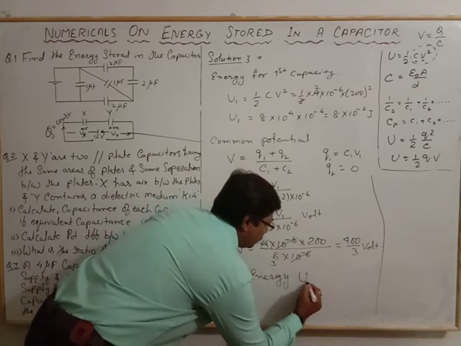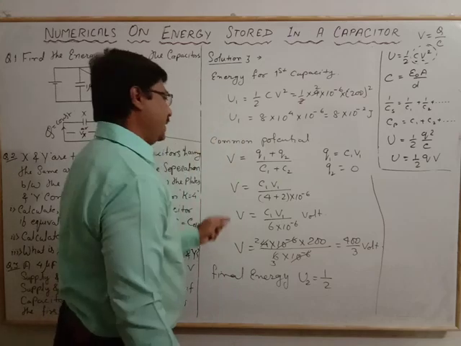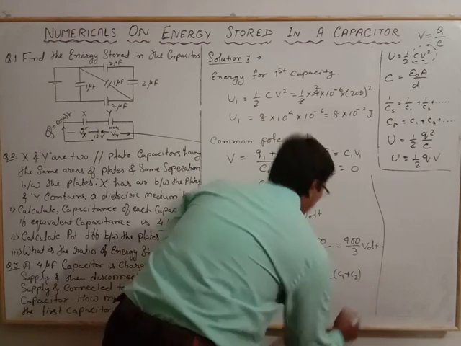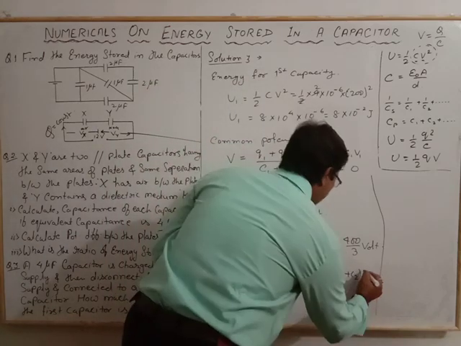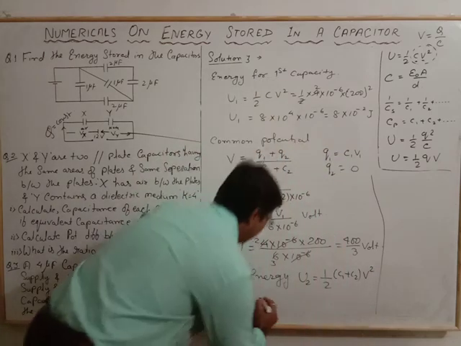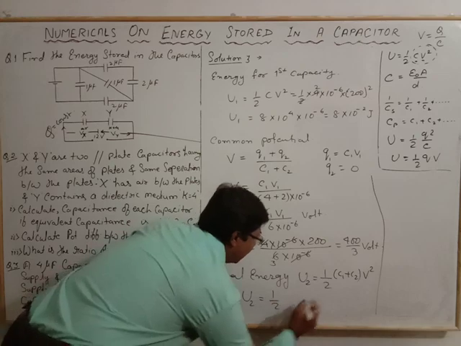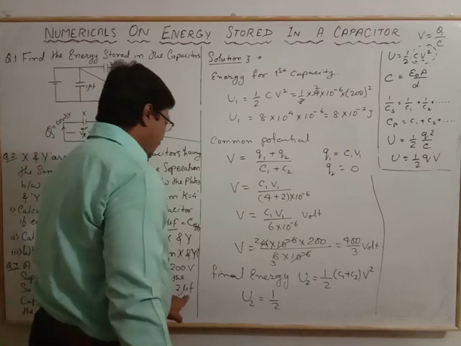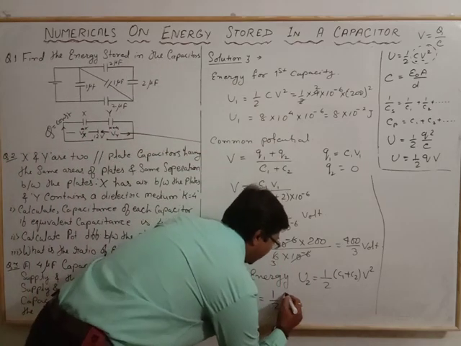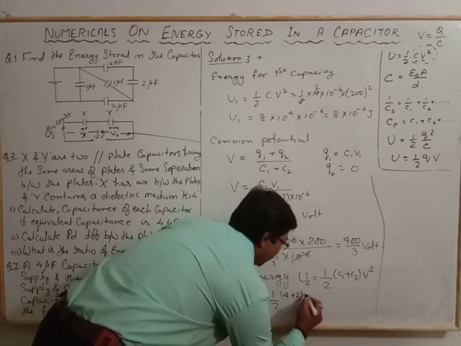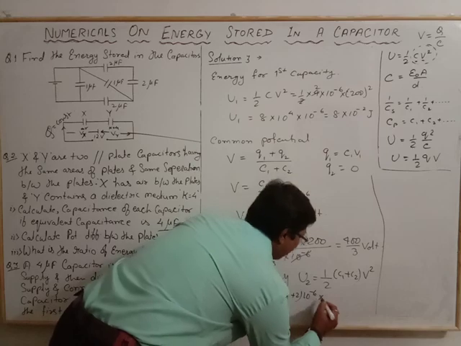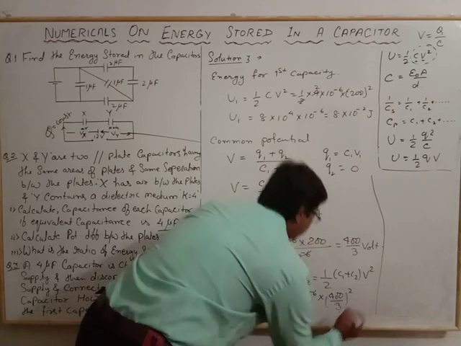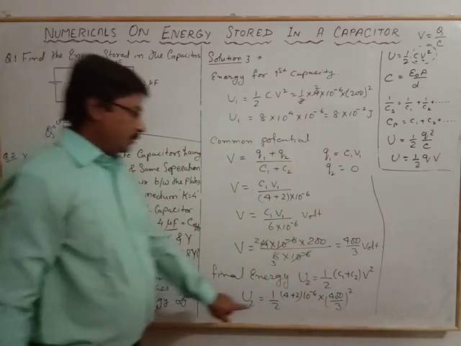U2 is equal to half CV square, where C is C1 plus C2 and V is the common potential we calculated. So U2 is half, C1 is 4 microfarad and C2 is 2 microfarad, so 4 plus 2 into 10 to the power minus 6, and the volt is 400 by 3 whole square. This is the arrangement.